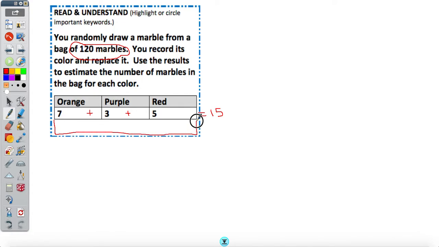Now if I am looking at finding how many of each color there are, and I know there is 120 total, the question is, how do I go from what I know from my experiment to what I know there are total and find out how many there are of each color?